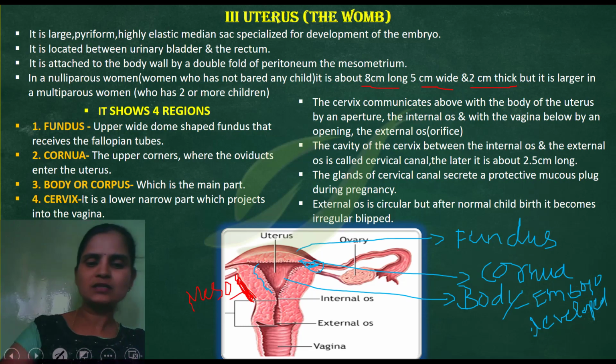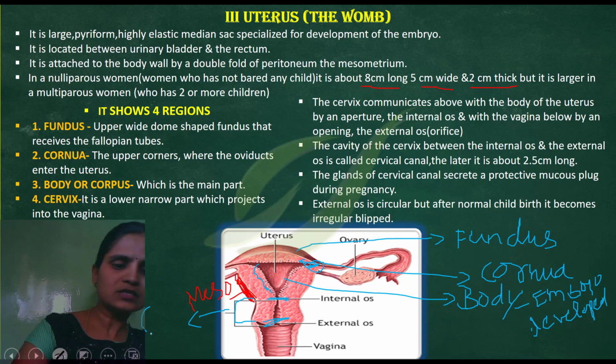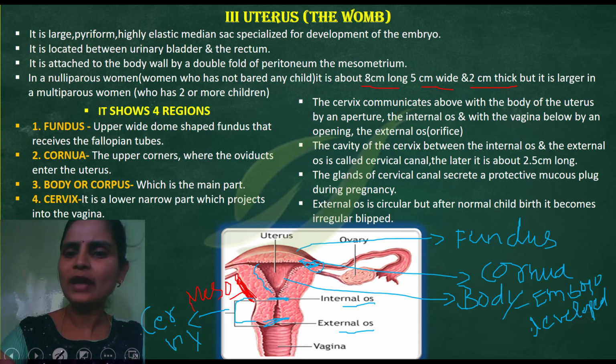The next part is the cervix. From here to here, this region is the cervix region. The cervix has an internal OS as well as an external OS. OS is nothing but an orifice, a narrow cavity.